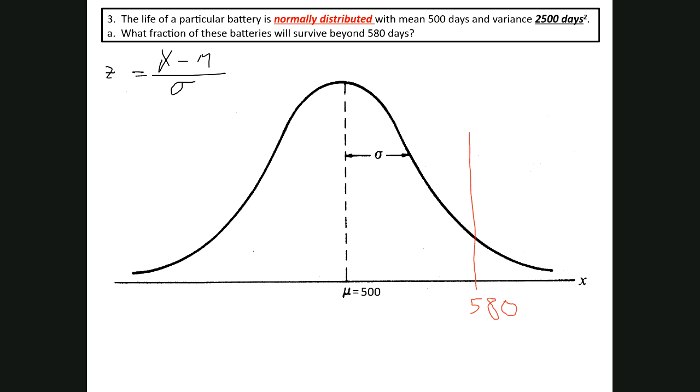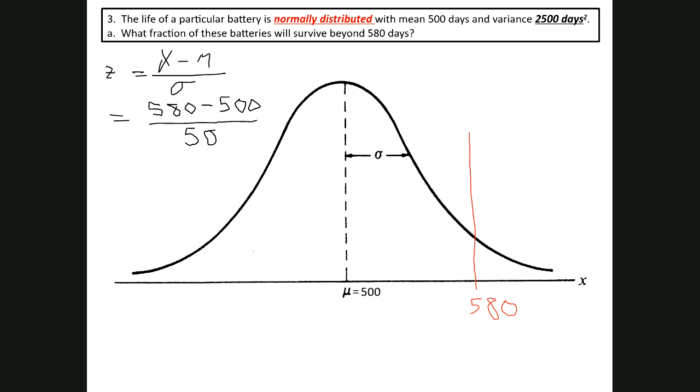And we know all of these values now because we want to find 580, which is 580 minus the value for the mean, which is 500. Again, that gives us a positive value in the numerator. And this is going to be divided by our standard deviation, which is 50.